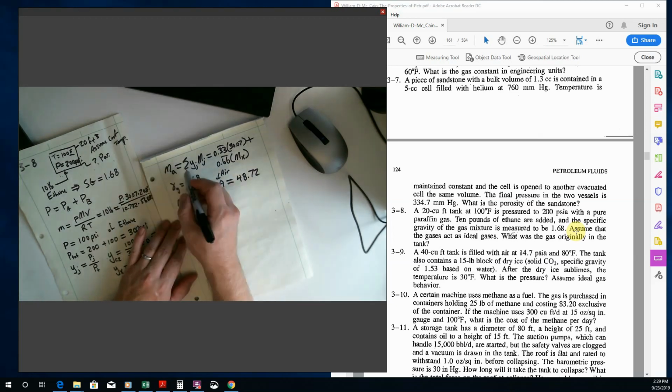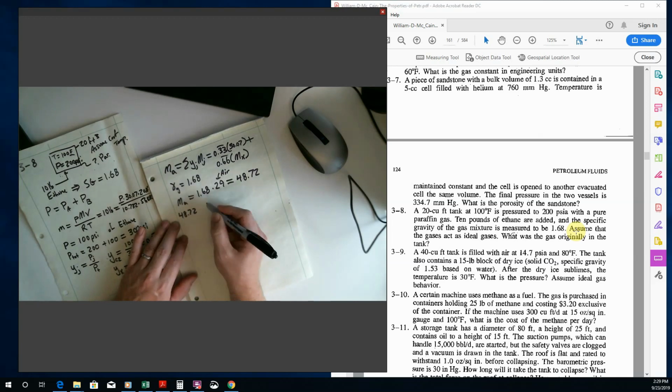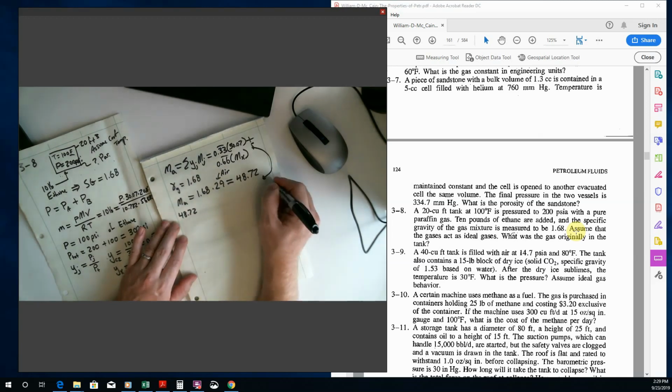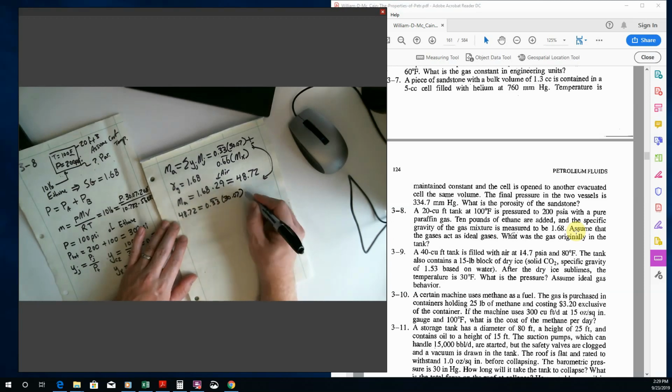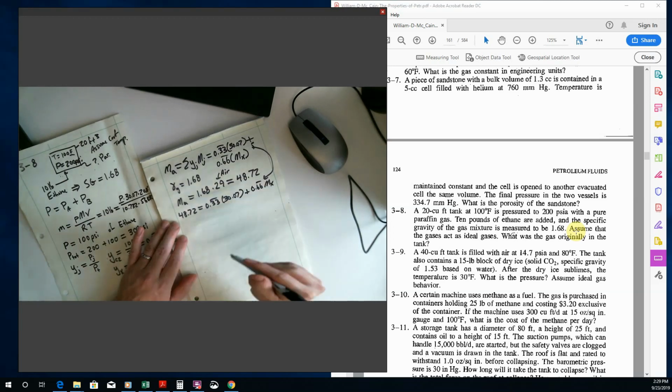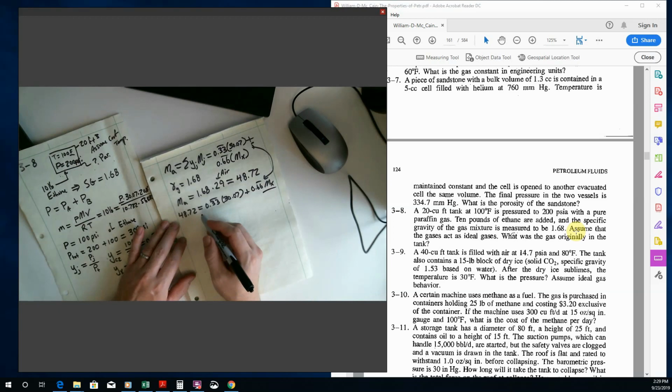So rearranging this, we're going to get 48.72, and then we put this down here equals 0.33 times 30.07 plus 0.66 times MX, which is what we're looking for. So now we need to solve for MX. We rearrange and solve for that.